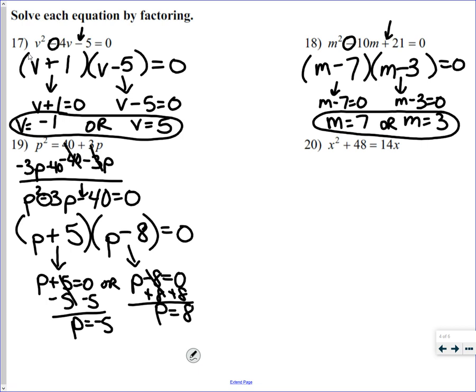For this last one, I do need to move the 14x. When I move that, again, the order matters. Make sure that I'm putting this where it's going to make it easier for me to factor. So I would want x squared minus 14x plus 48.